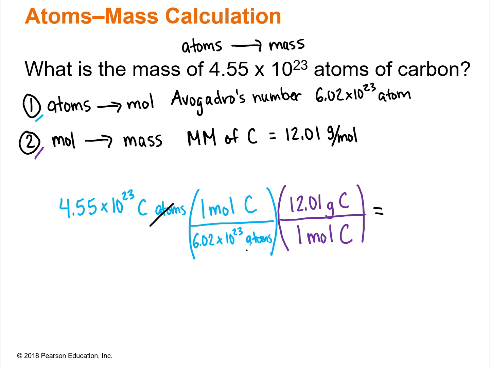You can cancel out your units. And remember, to cancel, you have to have something in the top and the bottom. So we're left with grams of carbon. Does everybody follow so far how we set this up? Because if you can set it up, that's most of the points. Okay. Try putting it in your calculator and see what you get.